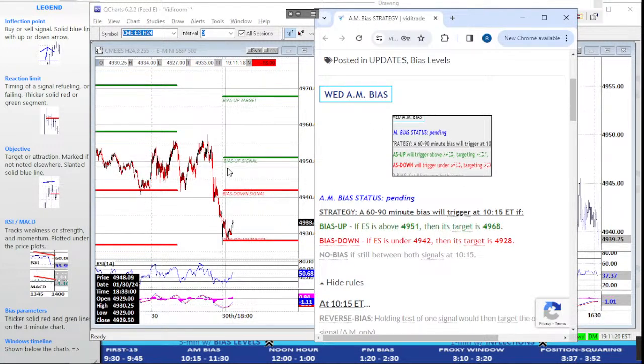So if we come into tomorrow's bias window at 10:15, the 60-minute bias will trigger if ES is above 49.51, and its target will be 49.68. And if we come out of tomorrow's bias window at 10:15 and ES is under 49.42, then its target will be 28. And that seems interesting.